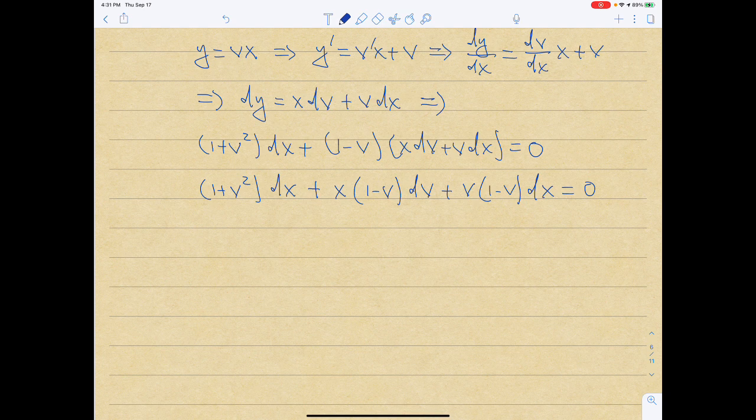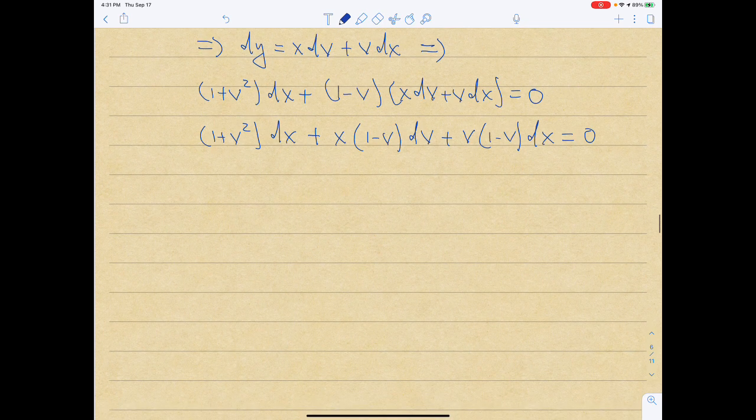And so now if I combine everything with dx together, I'll have 1 plus v squared. Now if I distribute v here, I'm going to get v minus v squared. So plus (v minus v squared) times dx plus x times (1 minus v) dv, and this should be equal to 0.